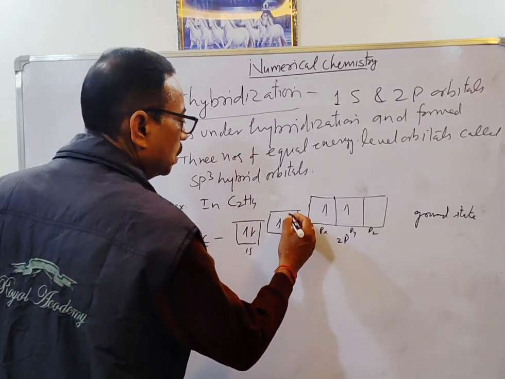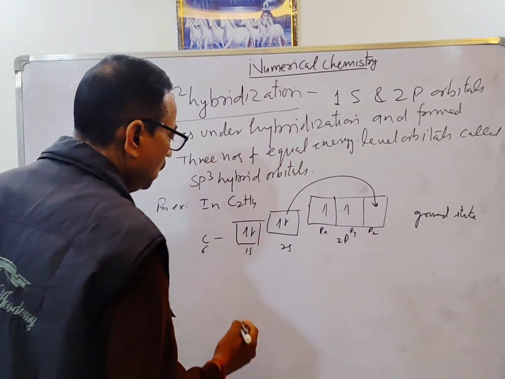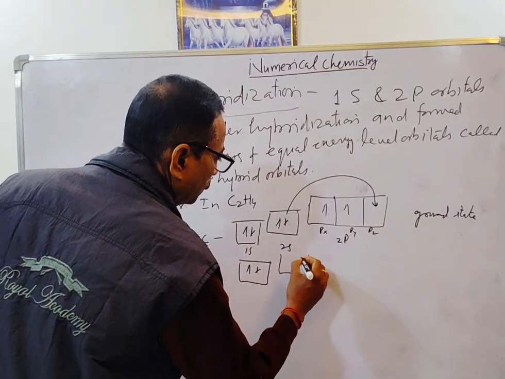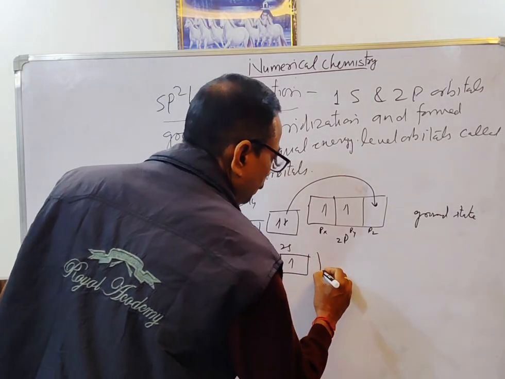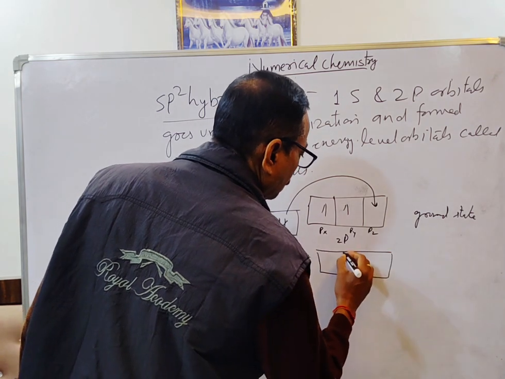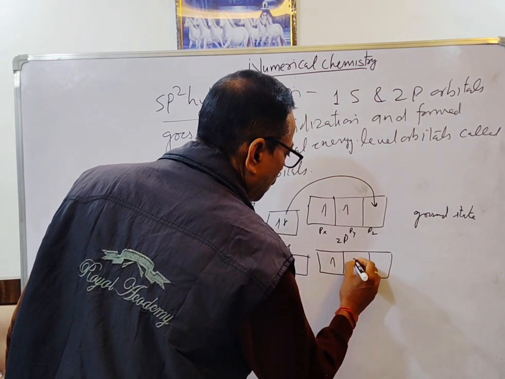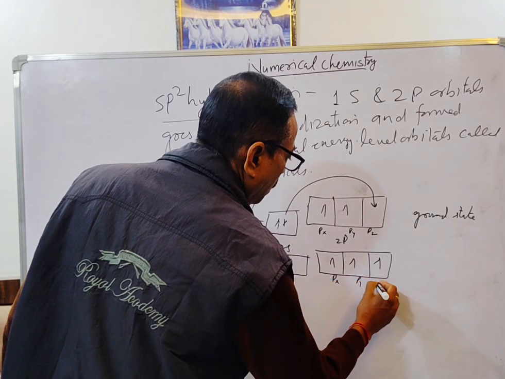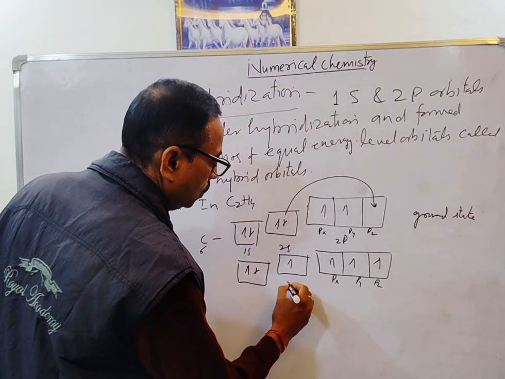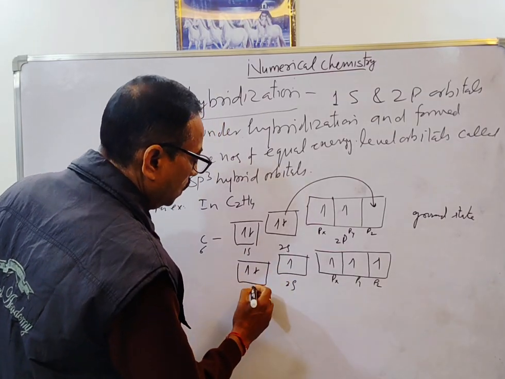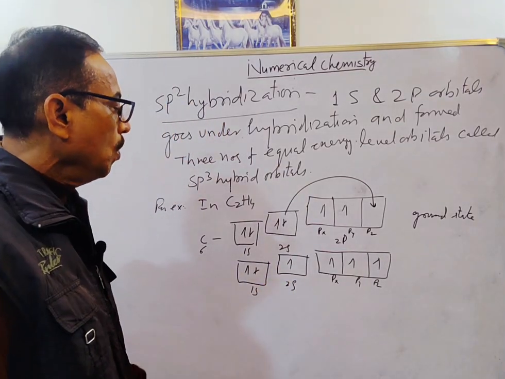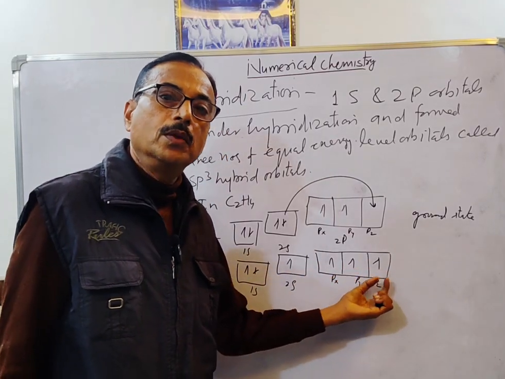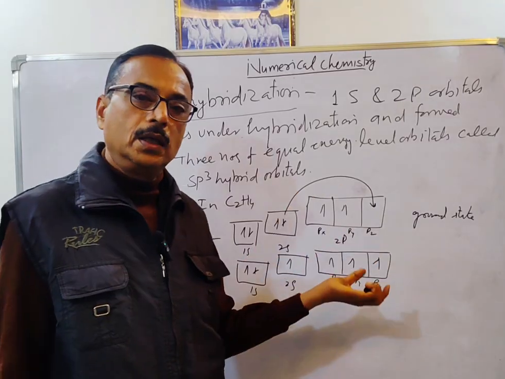This electron is moved to this state, so the structure becomes like this, and there are 4 single electrons. Now these 4 single electrons are available to form bonds with other atoms.